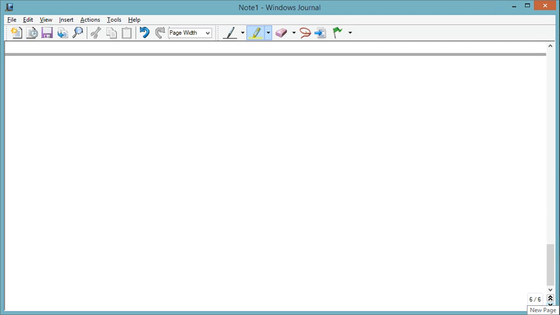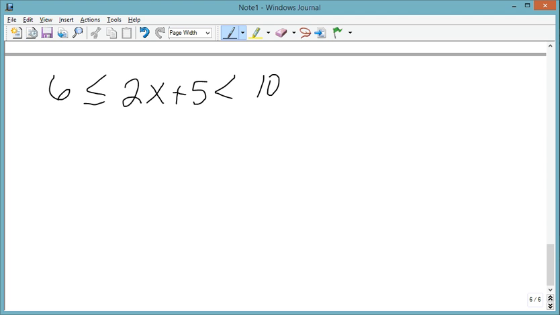Okay, let's try a compound one. It's possible to have two inequalities in the same thing. And really, this is kind of a combination, right? This inequality has to be true, this inequality has to be true, and this also has to be true.